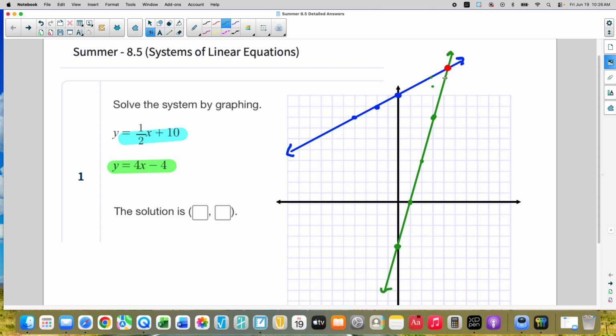And so that is kind of interesting. 1, 2, 3, 4. Yeah, that's about 4. And this slope is 1/2, so that's up 1, right 2, up 1. Well, that should be this same 1. Yeah, so these are off a little bit.